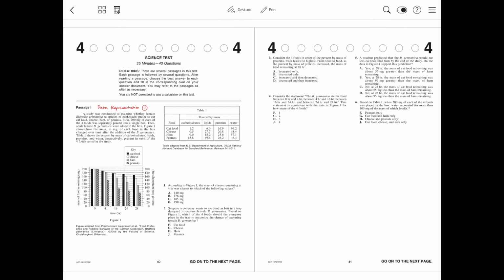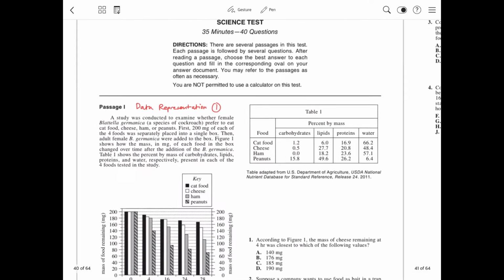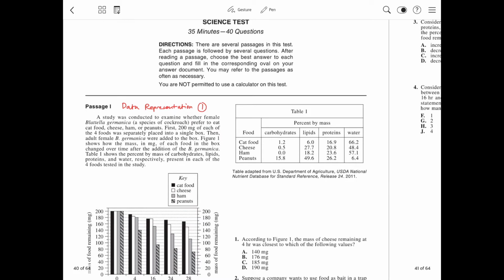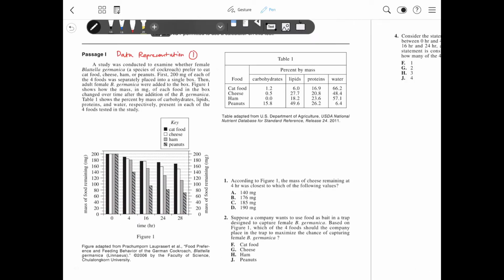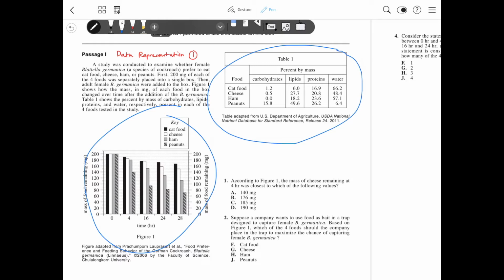Right here for this very first passage, we have data representation right off the bat. A key thing to notice is that there are obviously a lot of figures. We have a bar graph right here, and right after that we have a respective data table that talks about the information in this bar graph.